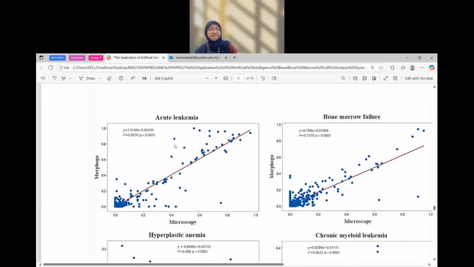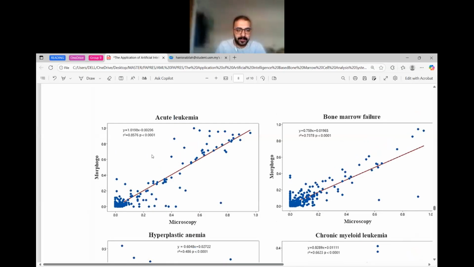So if we take the example of the R square here between Morphojo and microscopy, it is 0.85, which indicates, as I said before, a strong relationship between the results in Morphojo and in the microscopy, which is the control, the traditional or manual way to count and diagnose disease.